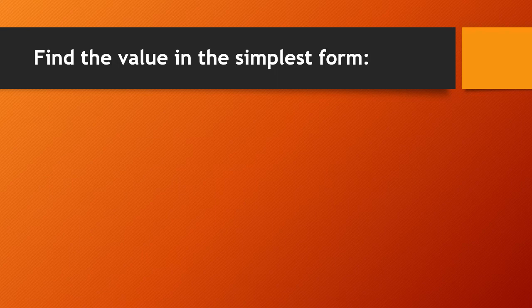Find the value in the simplest form: 3 power 5 times 3 power negative 2, over 3 power negative 4 times 3 power 3. In this exercise, we can notice that the bases are the same in the numerator and the denominator, and we have powers with negative signs: 3 power negative 2 and 3 power negative 4.